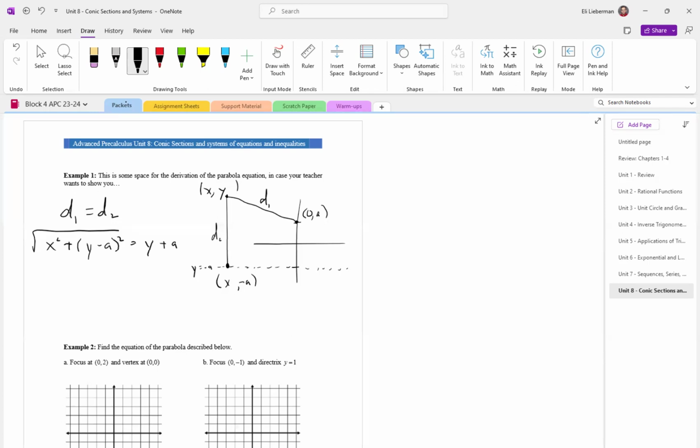No fractions, please. Check with your neighbor if you're stuck, of course, or when you're done, see if you got the same thing.